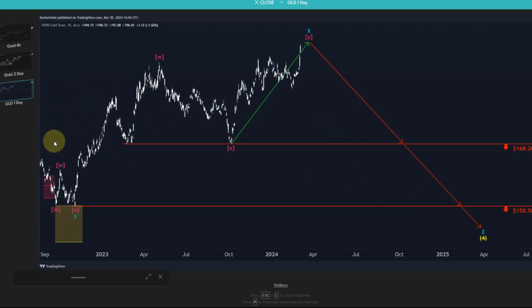It's actually a WXYXZ structure with the next move down expected as wave Z, which is another corrective pattern. So it's a very, very complex corrective structure.